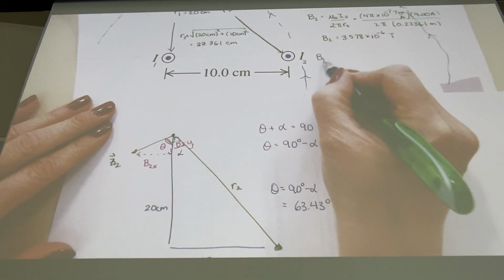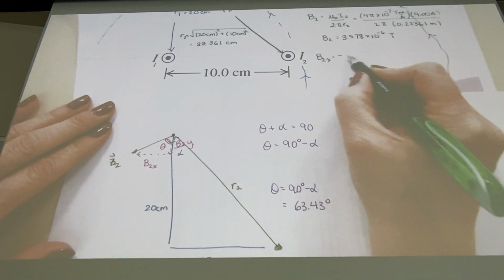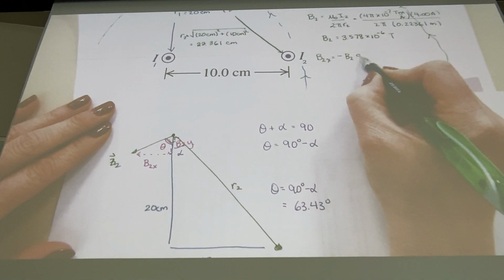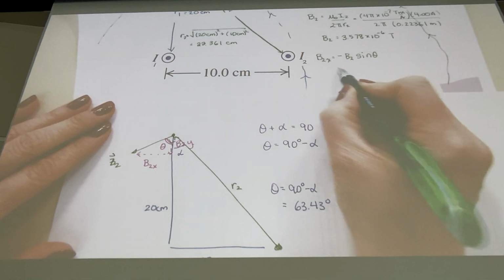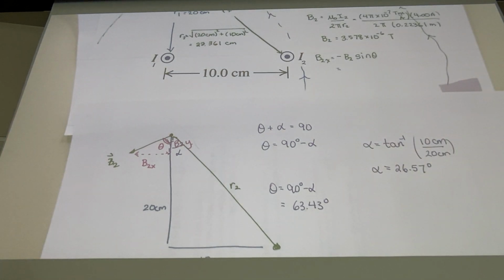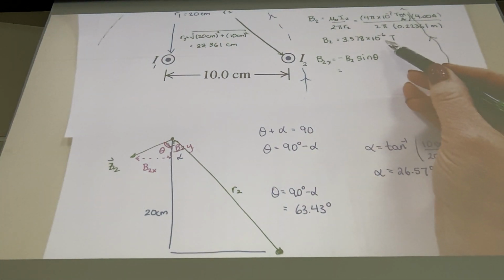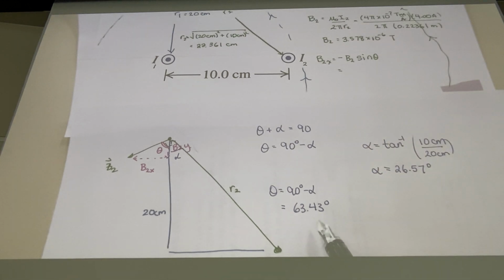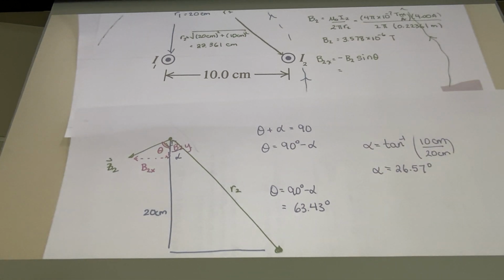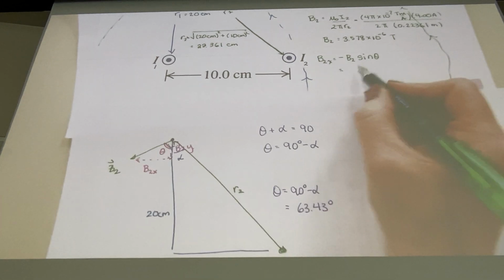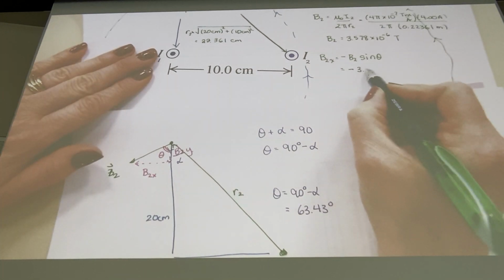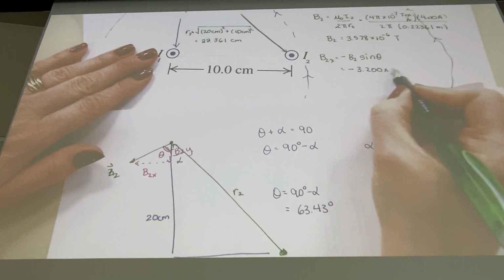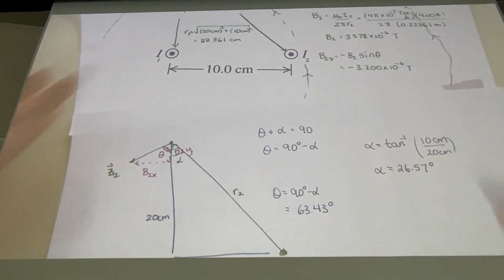B2x is negative B2 times sine theta. I won't go ahead and write the numbers in: 3.578 times 10 to the minus 6 teslas times the sine of 63.43. B2x equals minus 3.20 times 10 to the minus 6 teslas. So that's my x component of B2.